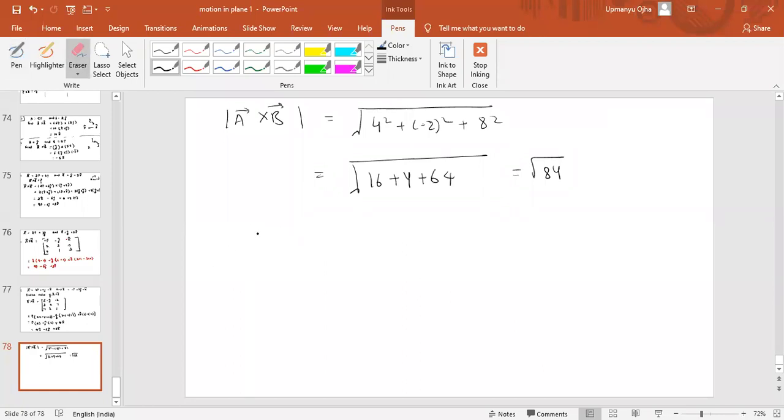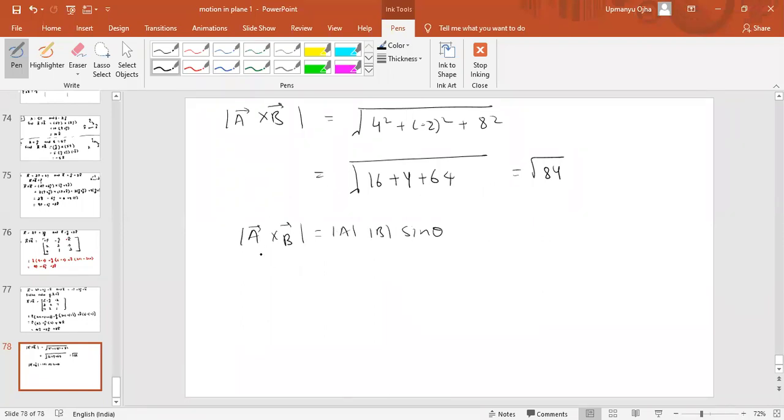A cross B magnitude is mod A mod B sine theta. Is this correct or not?